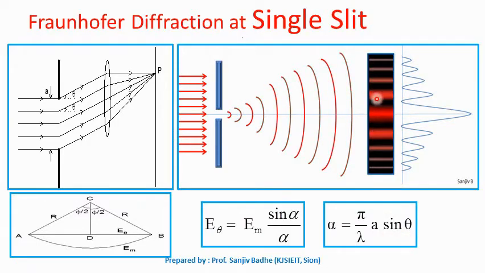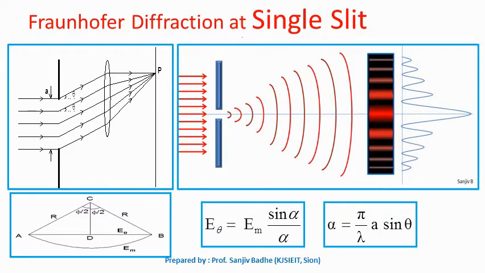In the intensity distribution in single slit diffraction, you can see here, we get a central maximum exactly opposite to the center of the slit. This central maximum has the maximum intensity at the center, and the intensity decreases, we get a minimum, the first minimum, again intensity increases, a secondary maximum, again it decreases, the second minimum, and so on.